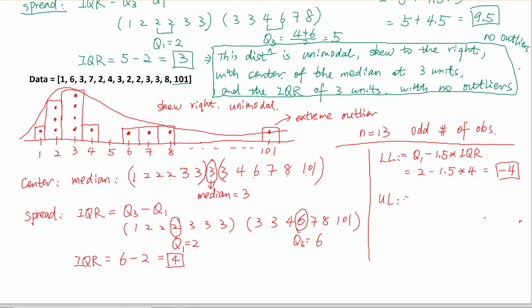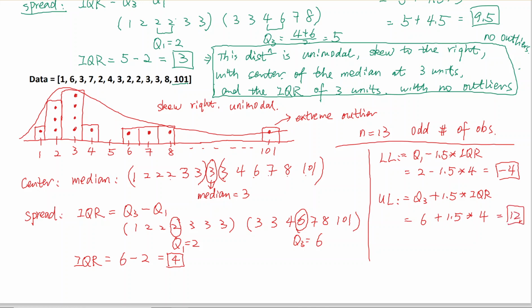The upper limit will be Q3 plus 1.5 times IQR. So Q3 is 6, plus 1.5 times the IQR, which here is 4. So it will be 6 plus 6, which is 12, right?